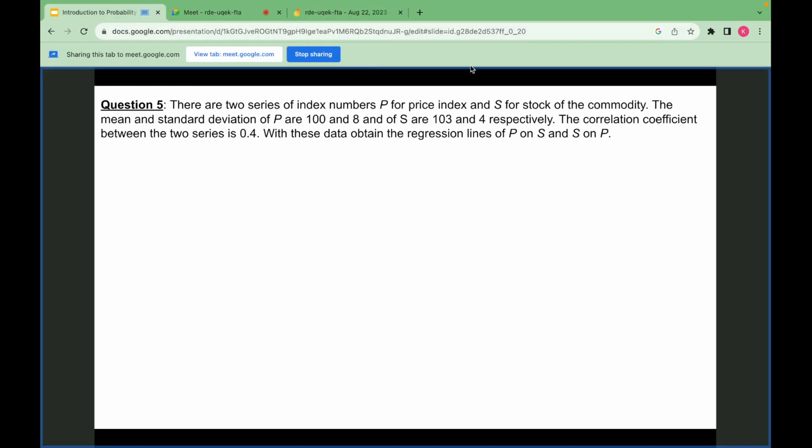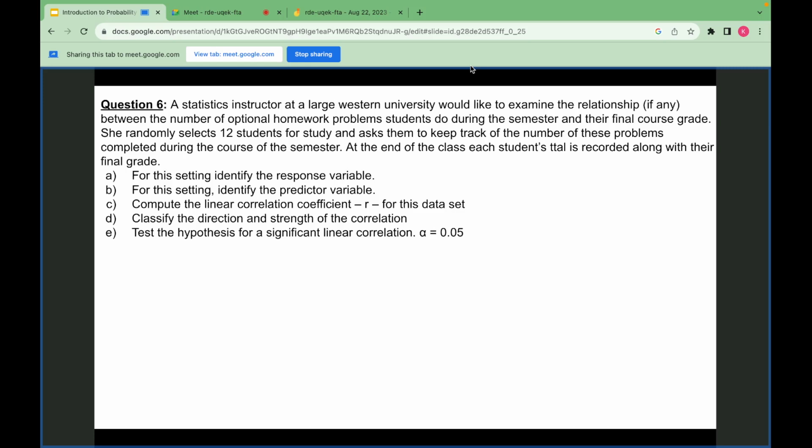Now moving to the next question. A statistics instructor at a large Western university would like to examine the relationship between the number of optional homework problems students do during the semester and their final course grade.